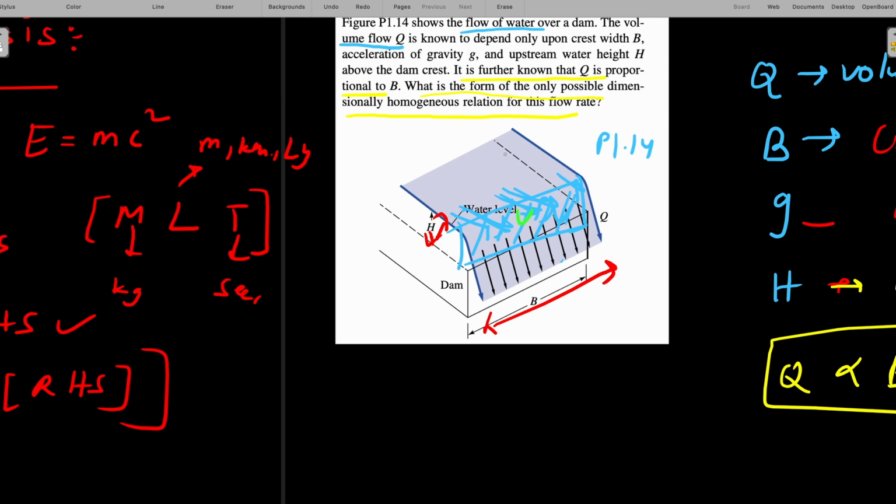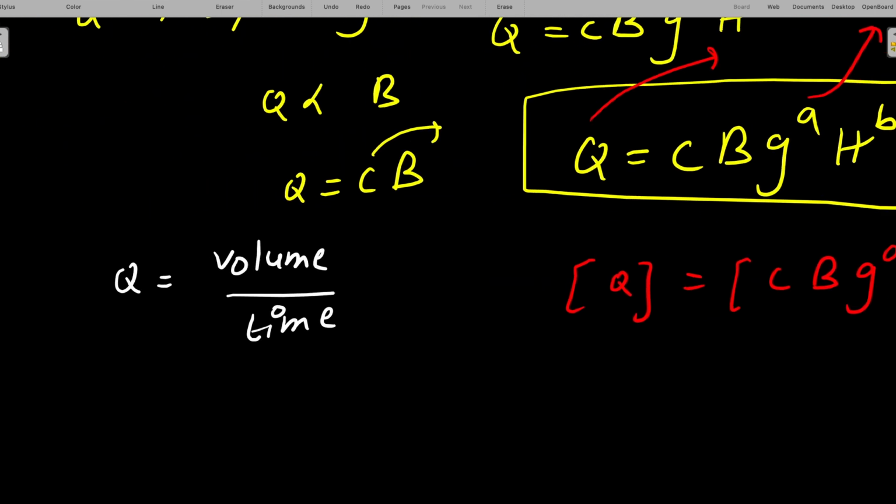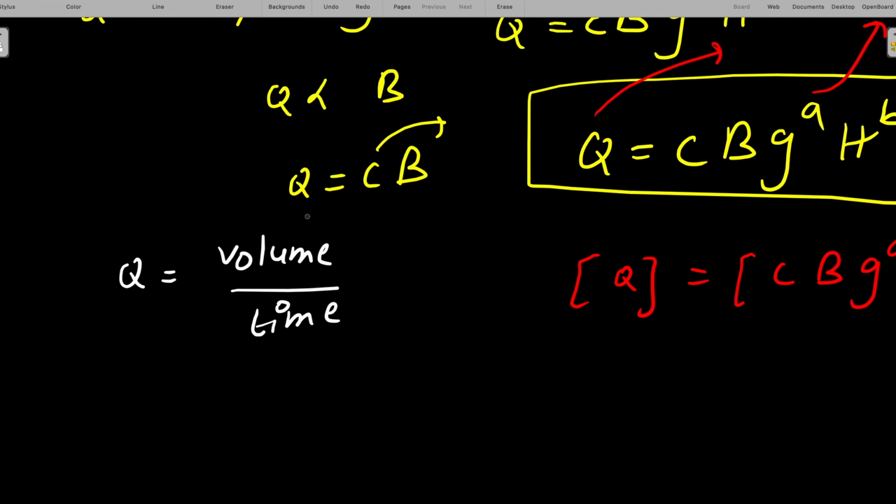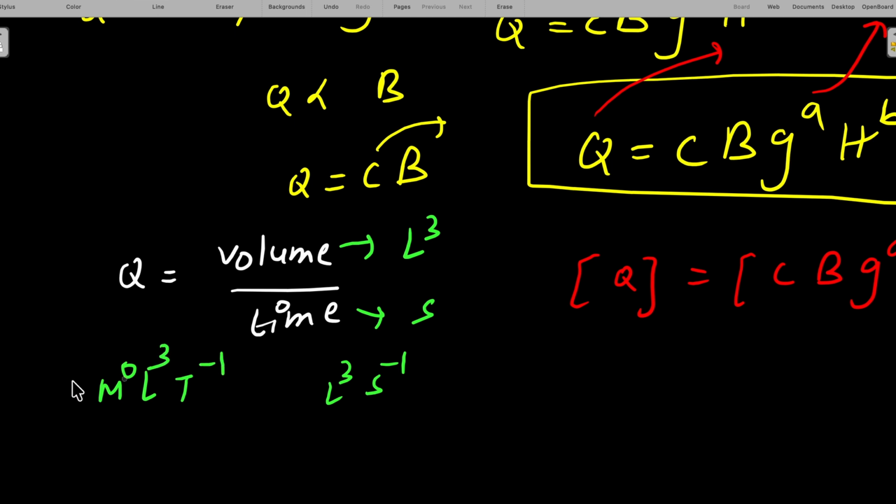That is what Q actually represents. So I'll write Q as volume by T. We know that volume has dimensions of L cubed and time has T. So it's L cubed T power minus 1. If you write it in MLT, it does not have any mass, so M is 0, L is 3, T is minus 1. So this is the dimension of Q, basically.